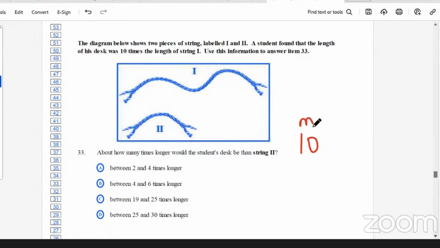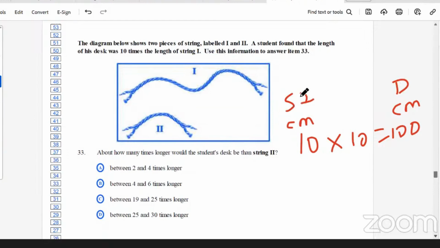It would have been less. All right, let me say centimeters then. So it would have been 10 times, so that would have been 100. Then the desk would have been 100 centimeters. That would have been the desk. All right, 100 centimeters. And this is string 1.